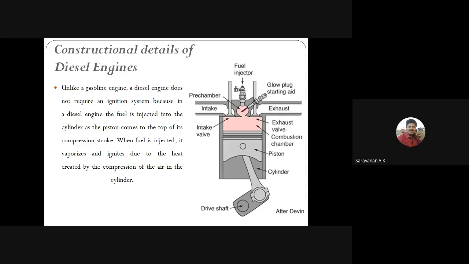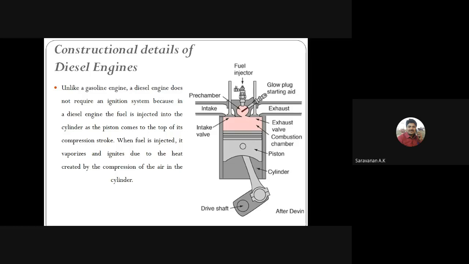For the petrol engines the air and fuel mixture gets into the engine cylinder, but here only the air is taken in, so the maximum amount of oxygen will be sucked into the cylinder. Therefore the engine speed is limited only by the amount of fuel injected into the cylinder.